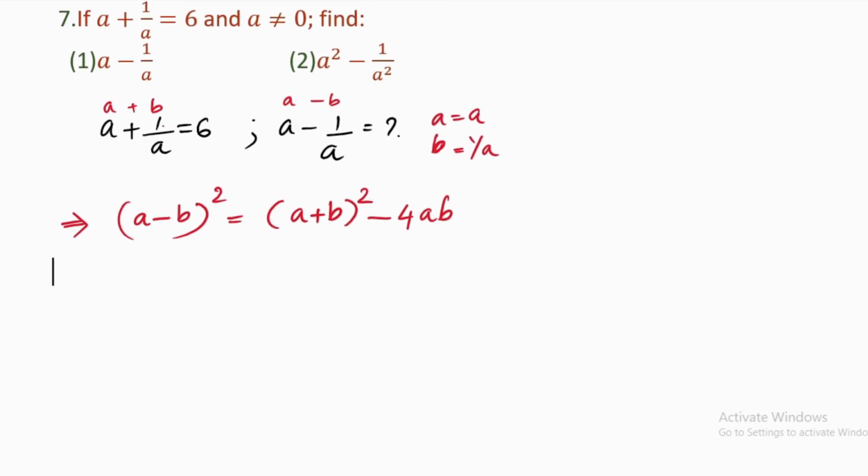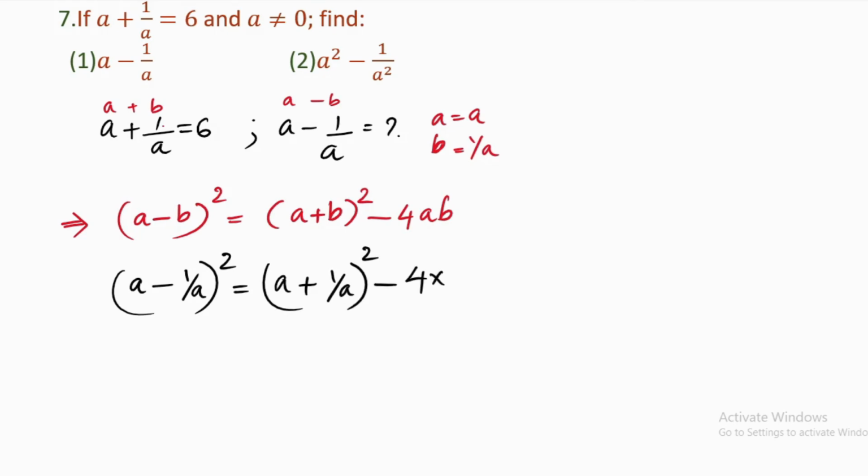Now you substitute the values. We have a as a, minus b. Instead of b, what we have? 1 by a. So a minus 1 by a the whole square equals a plus b the whole square, a is a itself, instead of b it is 1 by a, minus 4 into a, where a is a itself, b is 1 by a. Now a and a will get cancelled.